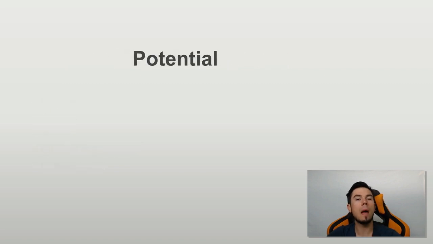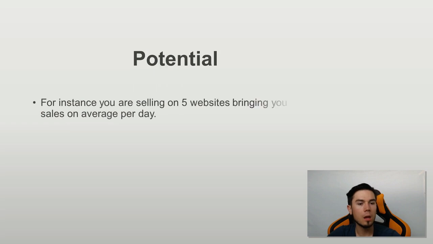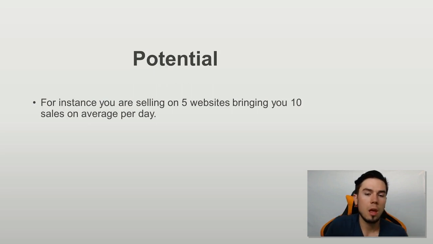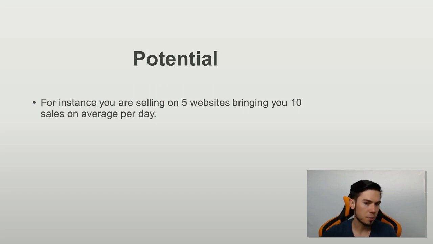Now, let's talk about a potential. For instance, you're selling on 5 websites, bringing you 10 sales on average per day. Maybe Fiverr is bringing you like 8 sales, and another 2 sales are coming from different websites, right? So getting 10 sales a day, guys, is not hard.